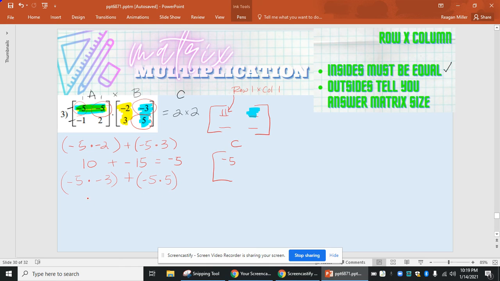So -5 times -3 gives you a +15, and then -5 times 5 gives you a -25. If I add these two numbers, I'm going to get a -10. So that's your second answer. That's going to be what we would call element 12 or position 12.